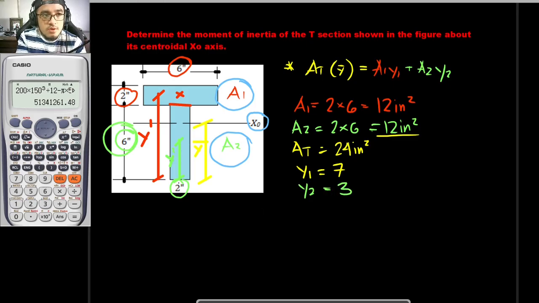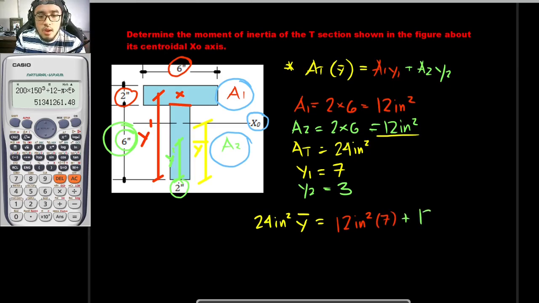So substituting known values, our total area, 24 square inches, times bar y is equal to our area 1, which is 12 square inches, times y sub 1, which is 7, plus area 2, that is 12, times your lever arm of the centroid, which is 3.